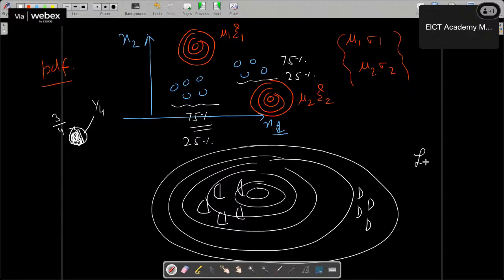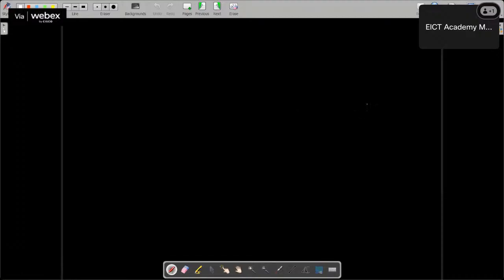Okay, so this is a left sided Gaussian distribution curve. Similarly, the right sided Gaussian distribution curve will look like this.